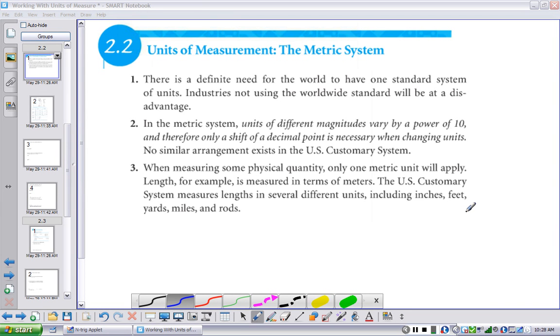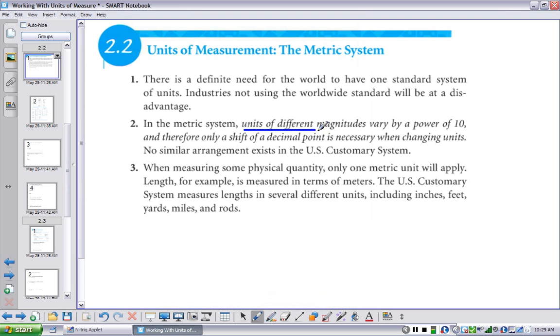As I said in the last recording, we in the United States of America use things like feet and inches and cups and pints, and the rest of the world knows nothing about that stuff. So we have a standard system of units for the whole world, and it's called the metric system.